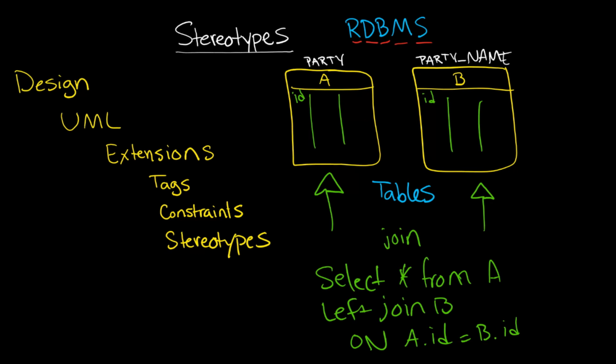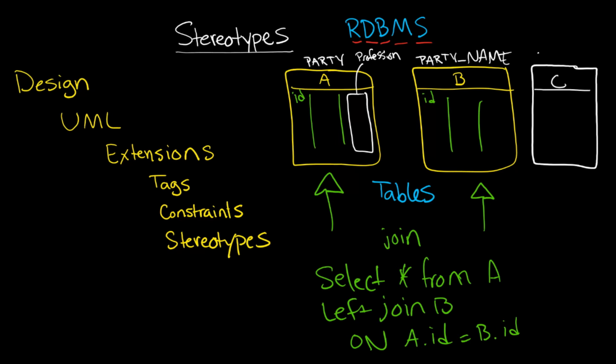So a traditional way to approach this kind of problem is to, for example, add a new column in here, and maybe you have a designation of what kind of party this is. So you might say, the profession, and the profession column would say exactly those things. So maybe neurosurgeon or something along those lines. Or you might create a third table out here, call it C, and maybe you call it professions.